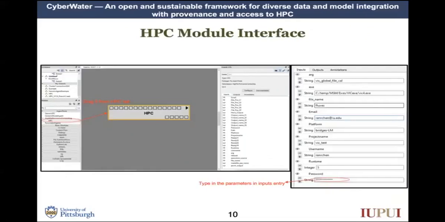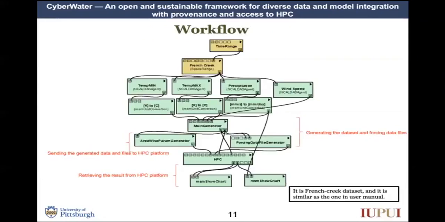This is the interface of the HPC module, and you just need to drag the HPC module from the high performance computing tab, and then type in some relevant information. The detailed operation will be given during the demo later. I will use the French Creek dataset to generate this workflow.